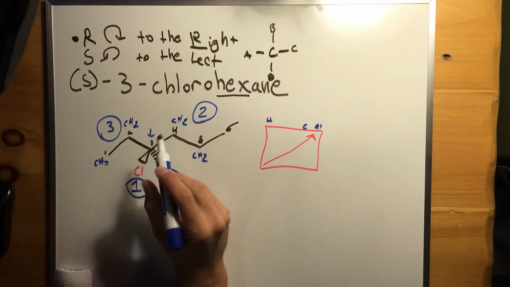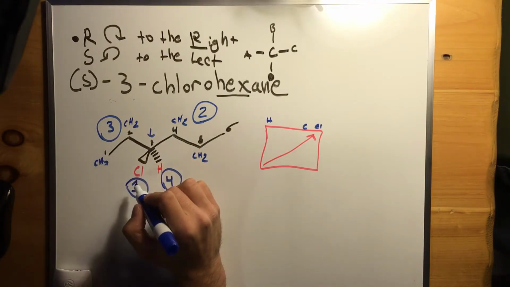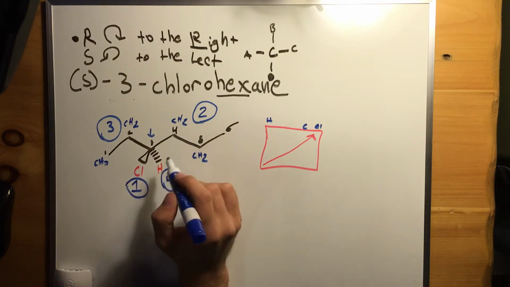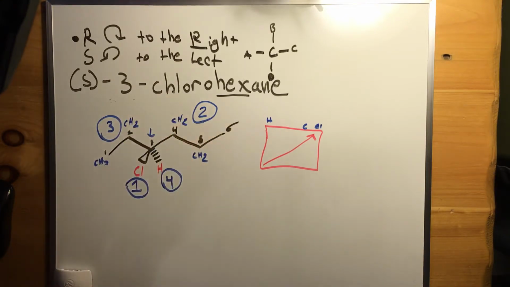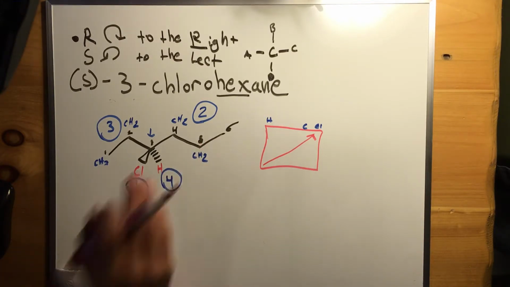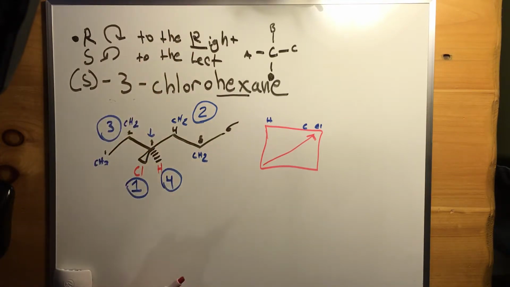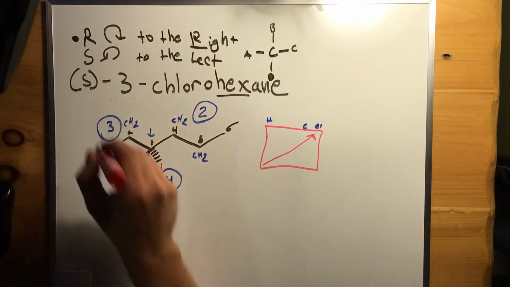Now, from here we want to go in order from 1, 2 to 3 to find our stereochemistry. This is actually a key too: you want hydrogen, number 4, always in back. If you push it back, it means you can just go in a circle.